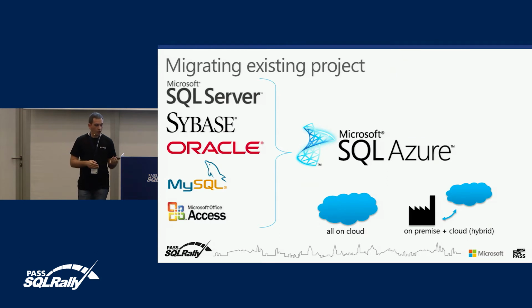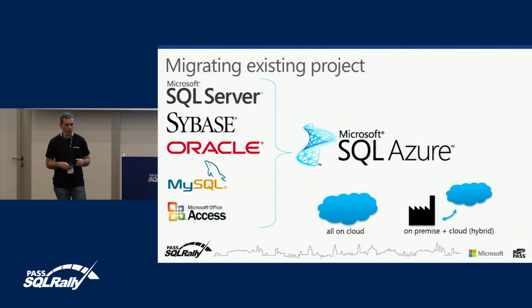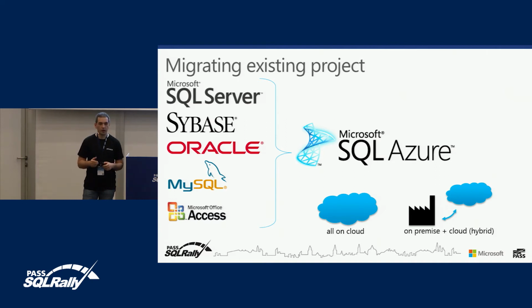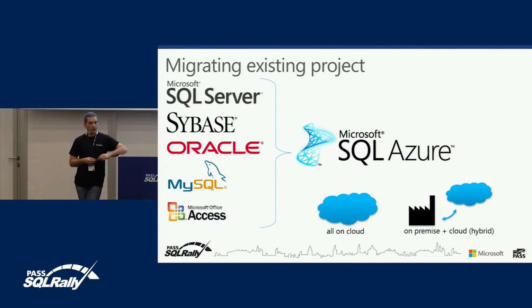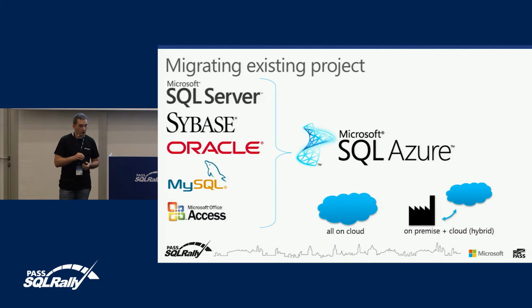There are other scenarios where technically you can go on cloud, but you can't. For example, in Italy there is a law called the privacy law, where you cannot put data of a private person in the cloud, for example sexual orientation, political or religious views, or health records.